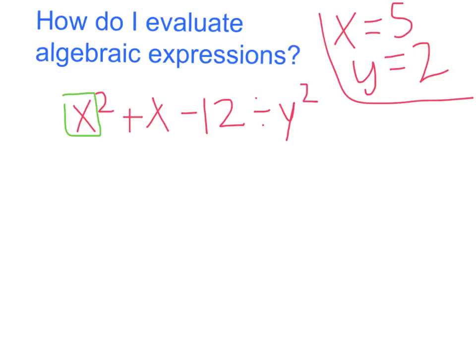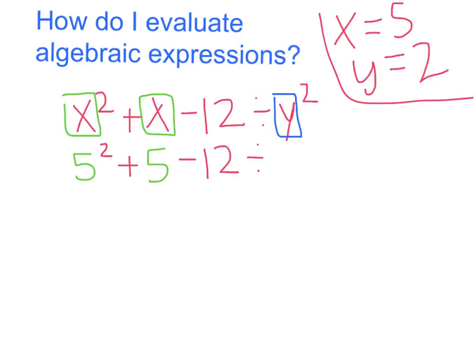Here's my variable x, and here's my variable y. So x is 5, so 5 squared plus 5 minus 12 divided by 2 squared.